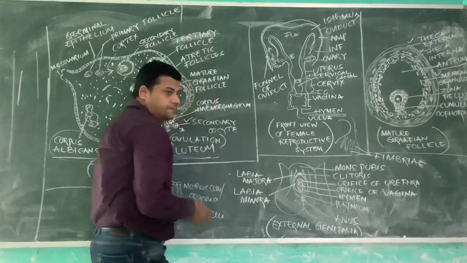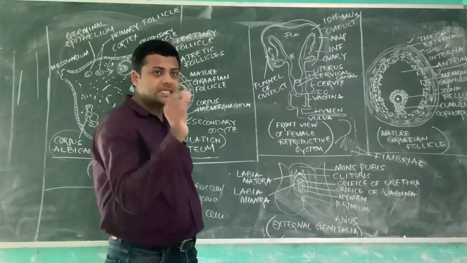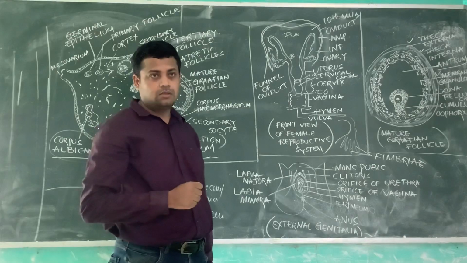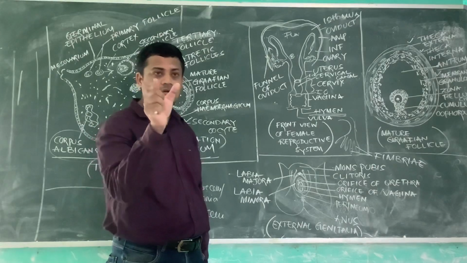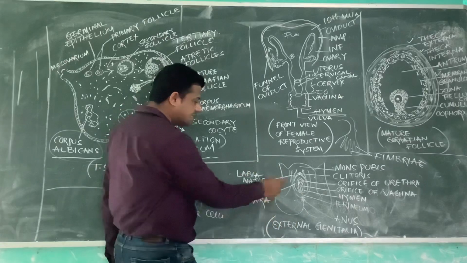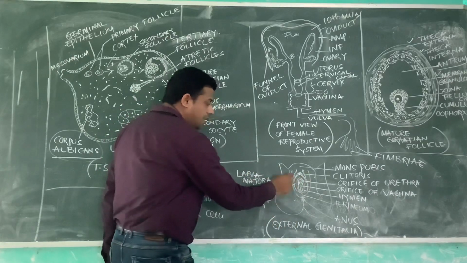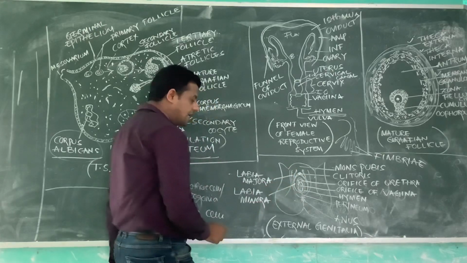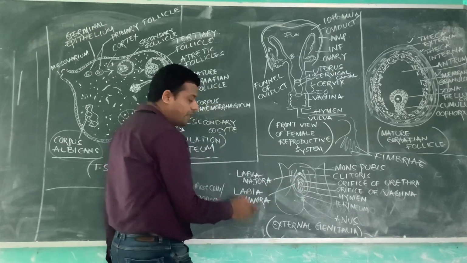Labia majora. These are two larger, lip-like muscular folds, called labia majora. In between them are another two lip-like folds, smaller than the labia majora, called labia minora.